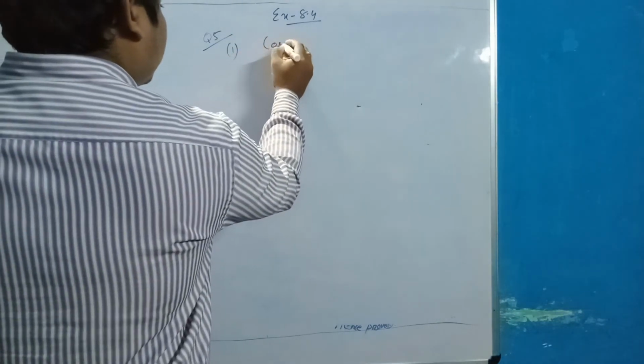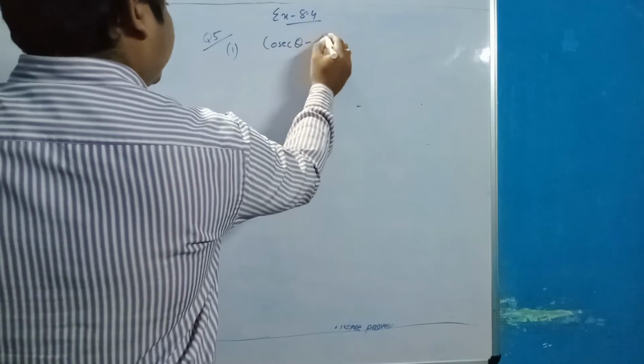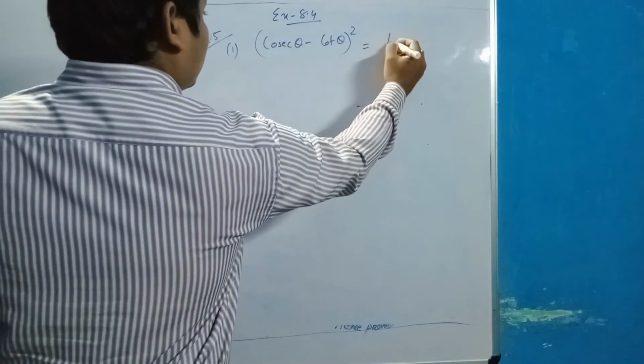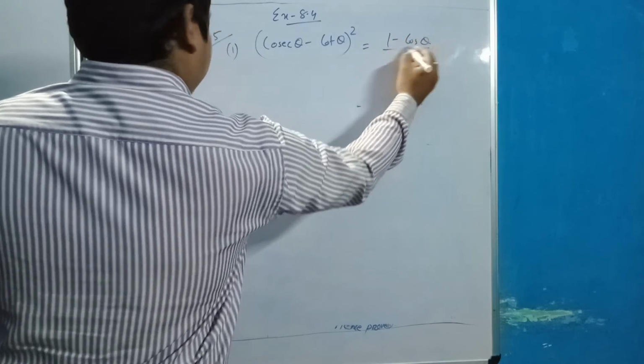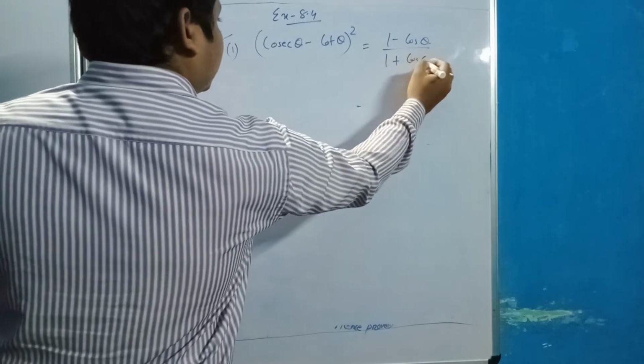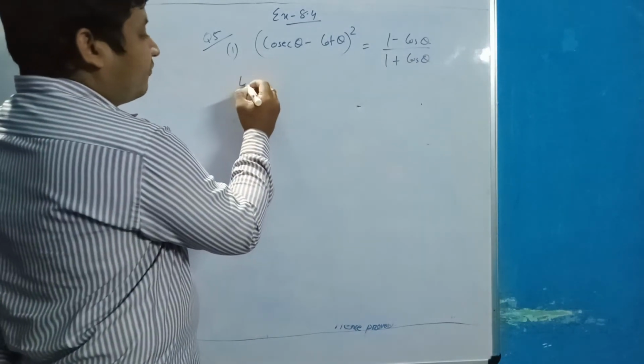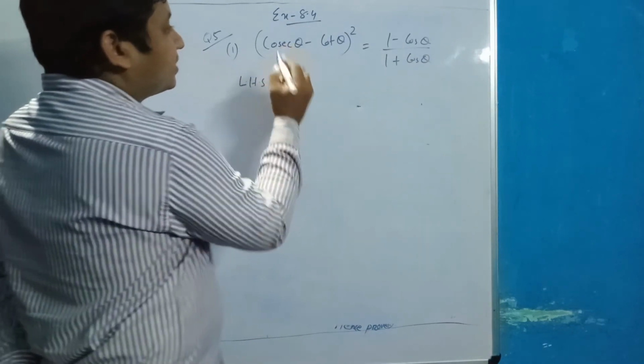Given (cosec theta minus cot theta) whole square equals (1 minus cos theta) by (1 plus cos theta), which has to be proved. Let us start from LHS.